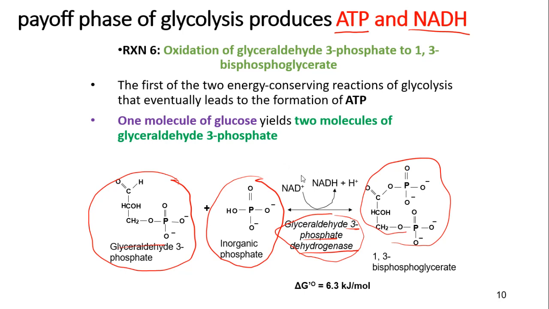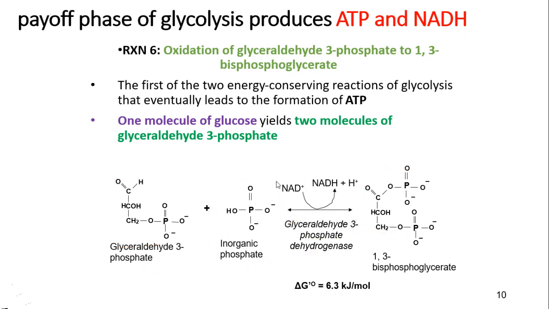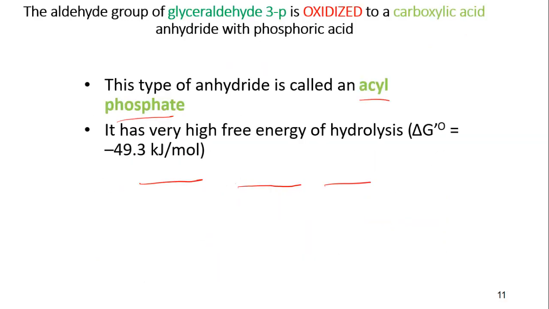If you observe here, NAD+ is the one which is accepting what? The hydrogen, and this hydrogen is coming from the phosphate group.